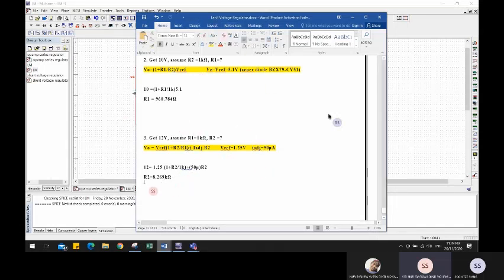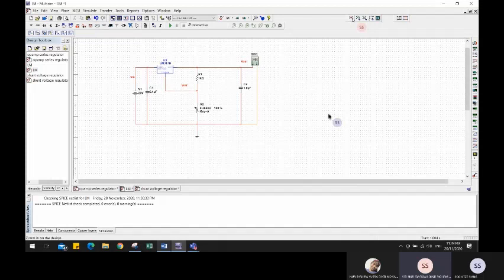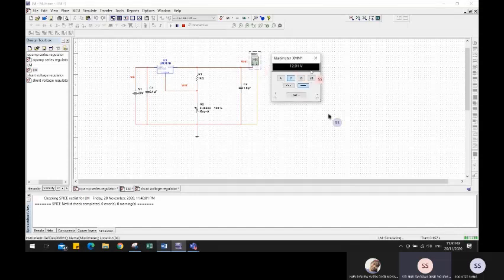So we get 8.269 kilo ohm. We try to get the result here, and we got 12.01 volt.